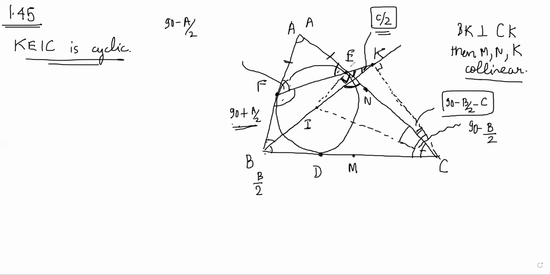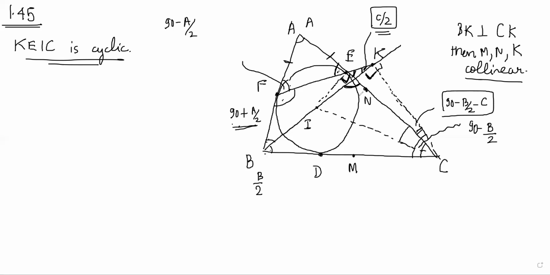So this directly shows that IKC is also 90, because obviously this is the diameter. The same chord IC, right? So this shows that this is 90. You understand why? It's obvious.